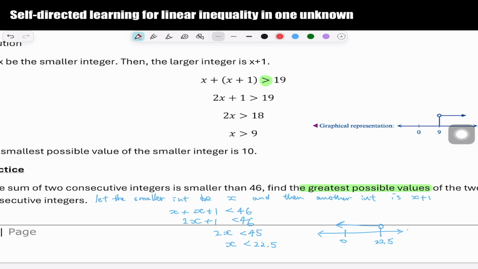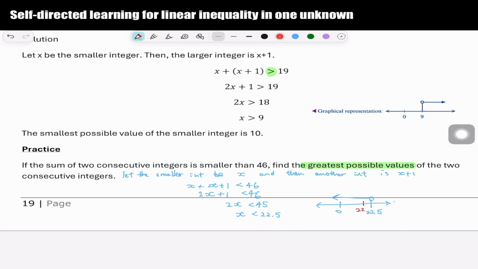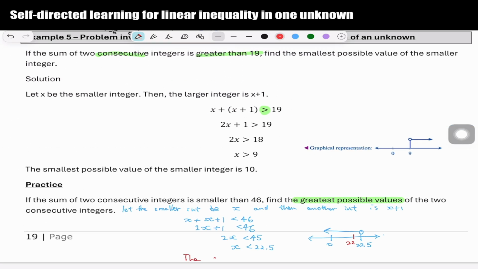The next number that we can see obviously is 22, therefore the greatest possible values of the two integers are 22 and 23. And you can see basically 22 plus 23 equals 45, which is less than 46. So it makes sense, don't you agree?